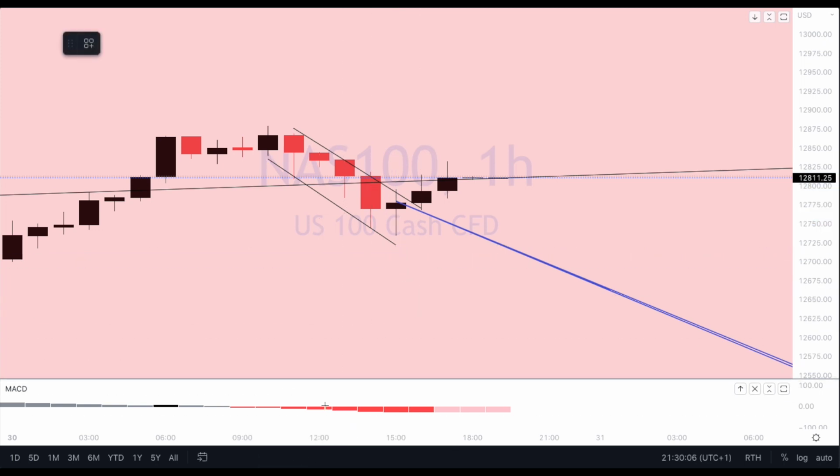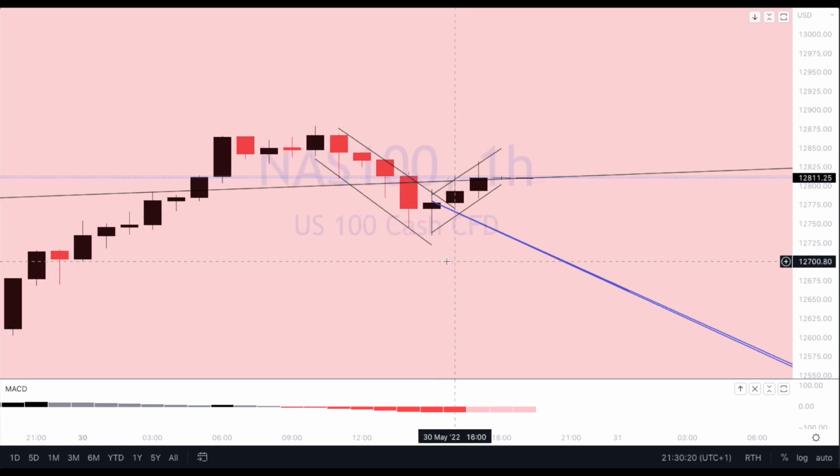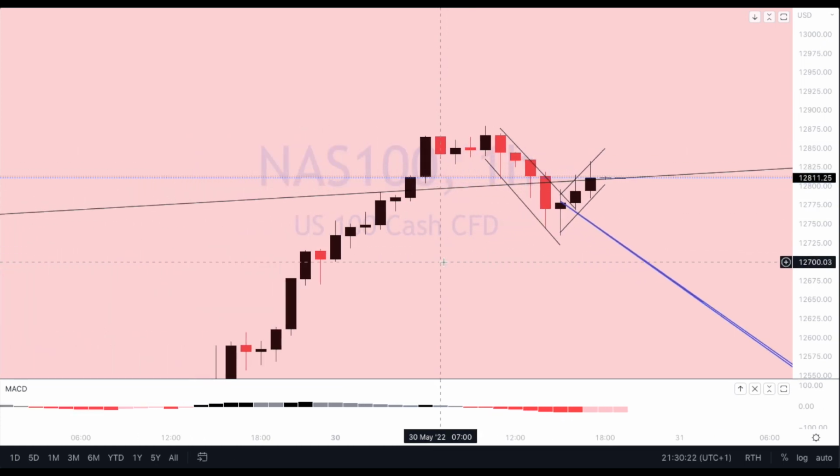However, this could also be a consolidation to break to the downside. Literally, we have two consolidations going on right now that could give us information in regards to what to do next.